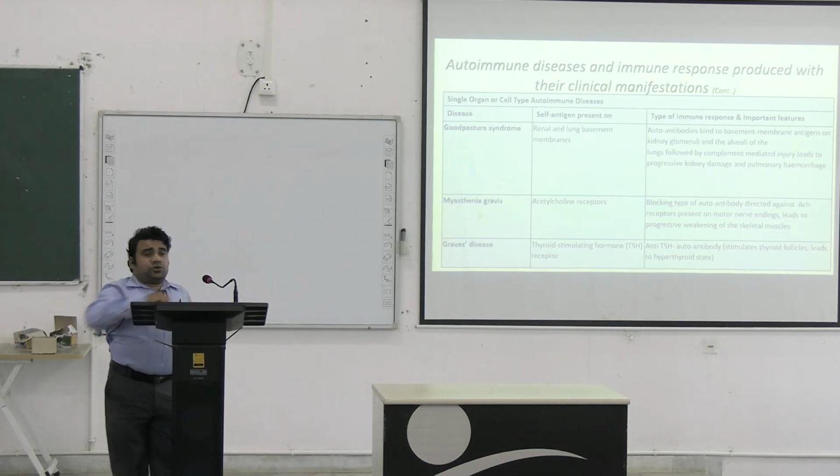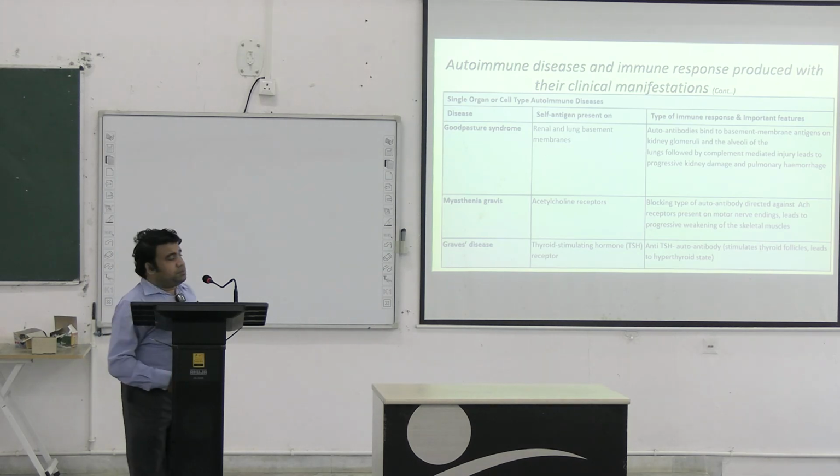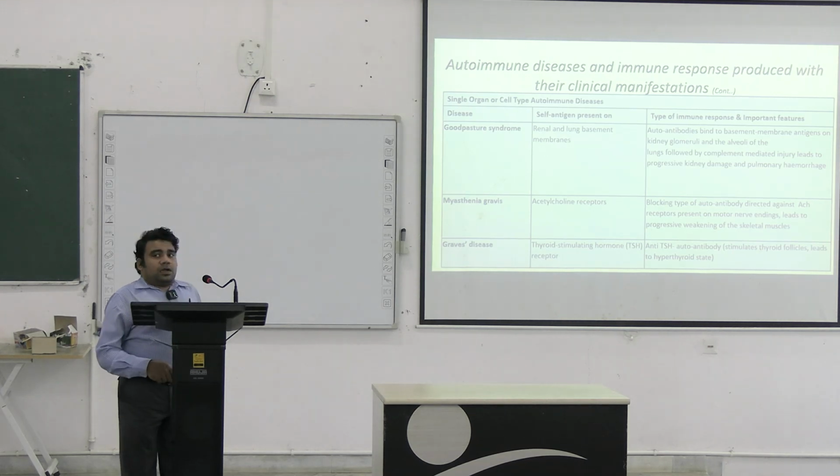Similarly, in a syndrome called Goodpasture syndrome, autoantibodies will bind against the basement membrane cells of the kidney and lungs, leading to damage to both kidneys and lungs. In myasthenia gravis, autoantibodies are produced against the acetylcholine receptor.